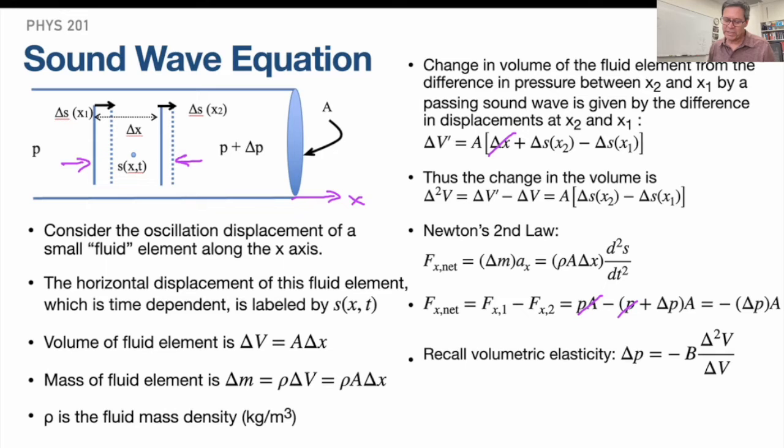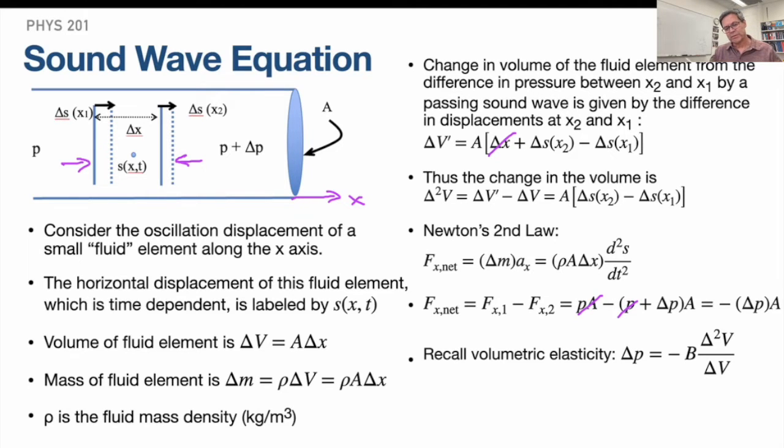Okay, but how are we going to relate this to the volume change of my fluid element? Here I've got to use some more physical properties of materials, whether it be a gas, liquid, or solid, and that is something known as hydraulic stress, or the volumetric elasticity of the material.